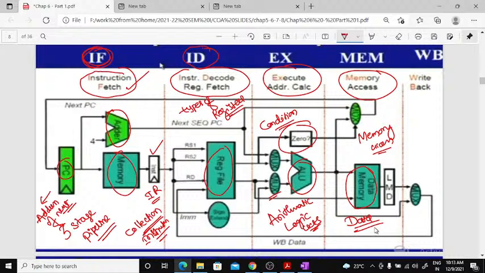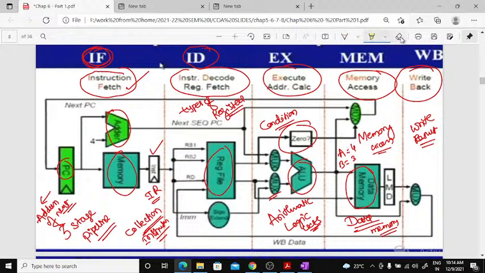For example, suppose register A contains 4 and register B contains 3, so it maintains the data. And write back is also one of the stages, where it writes the final result.